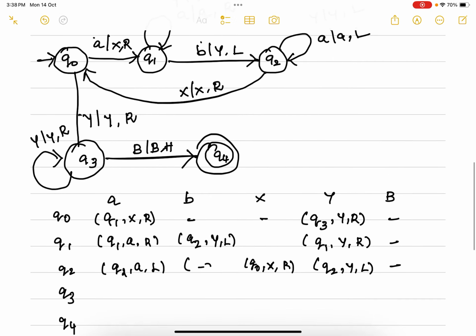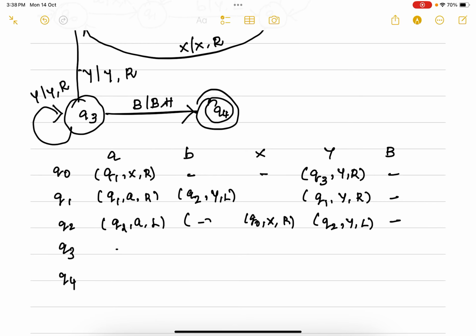Now Q3. It does not have any transition for A, B and X, but it has a transition to Q3 replacing Y with Y and moving towards right hand side. And for blank, it is moving to the accepting state replacing blank with blank and halt.